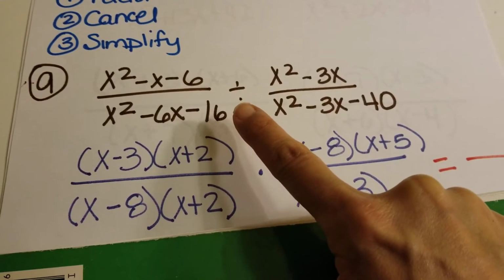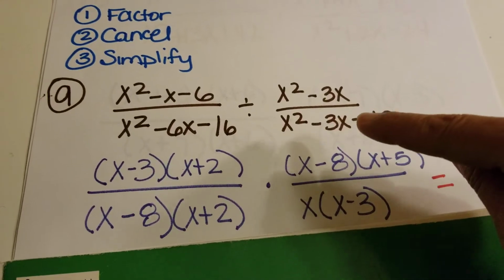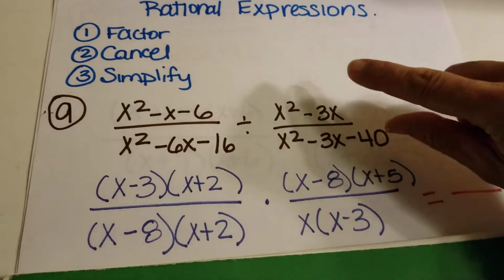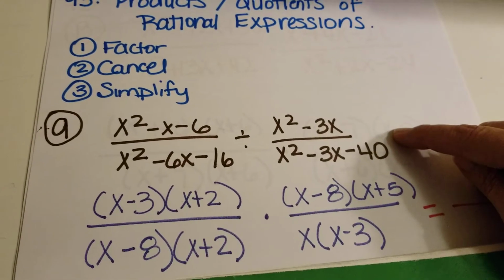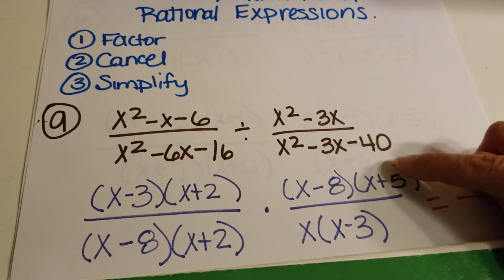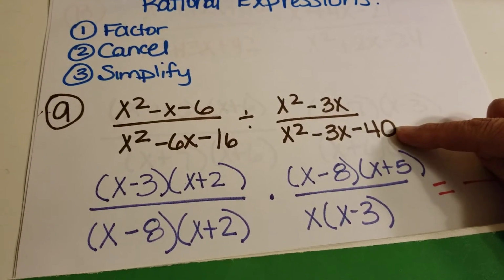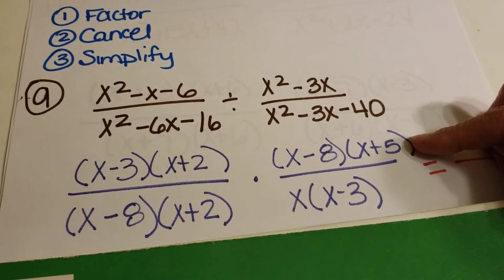Remember, in division problems, that means multiplication by the reciprocal of the second fraction. So we're flipping it. This denominator becomes this numerator. The x squared minus 3x minus 40 factors to x minus 8, x plus 5.